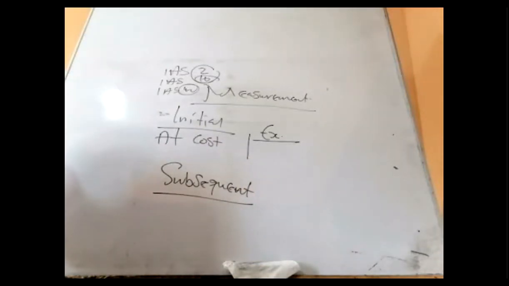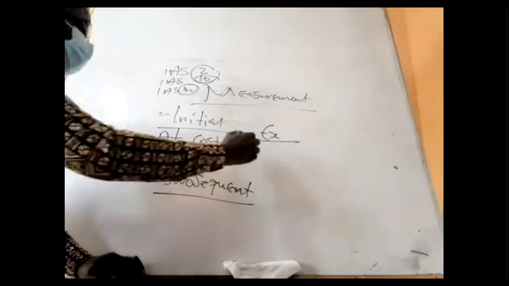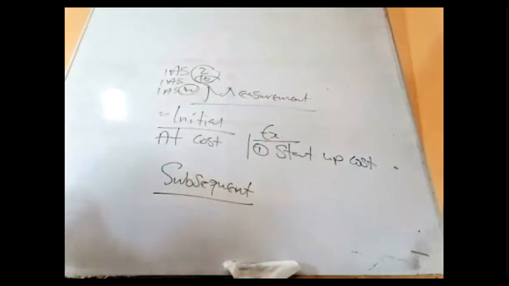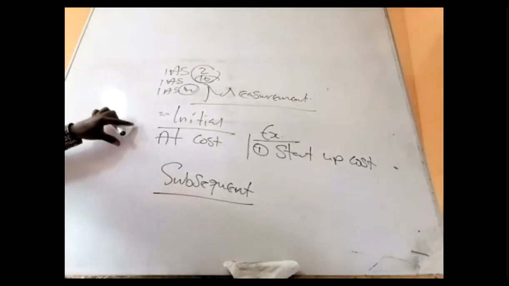Number 1 exclusion, startup cost, should be excluded unless they are necessary to bring the property to the condition necessary for its intended use, or for the renter, or how management wants it to be, basically. The startup cost should be excluded, and the initial operating losses should also be excluded. That's all basically. So we are done with the initial measurement.